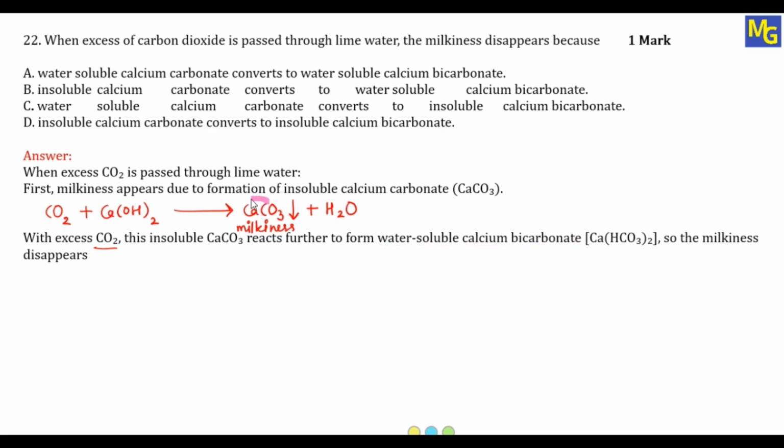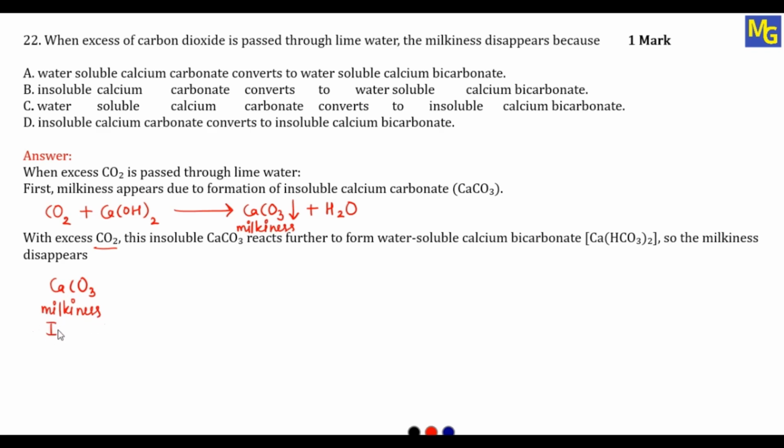Whatever CaCO3 has formed, which is insoluble, if we supply excess of CO2, it will further react to give calcium bicarbonate, and it is water soluble. So the milkiness disappears. I hope you are understanding. We can show this by the following reaction. Now what we have in the test tube is calcium carbonate which is insoluble, giving milkiness.